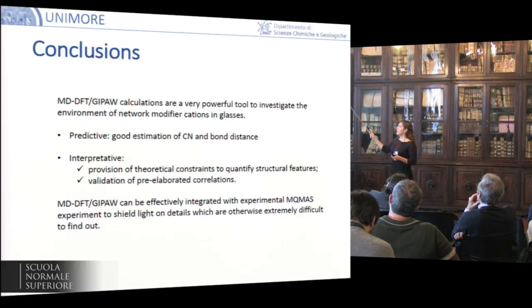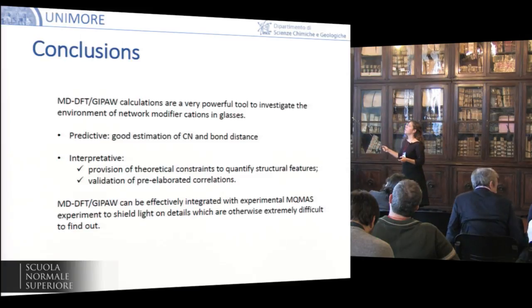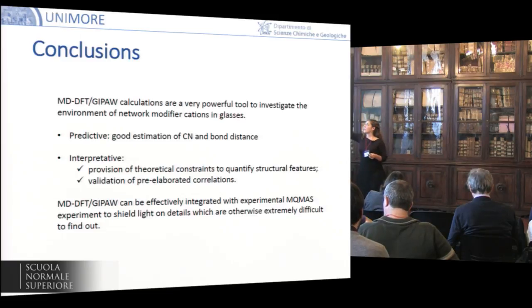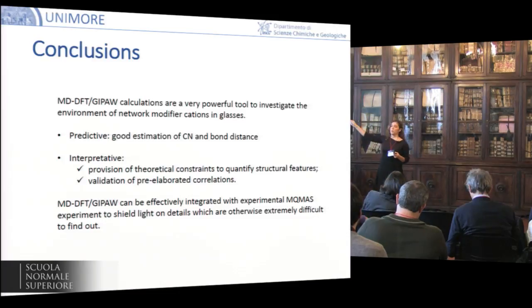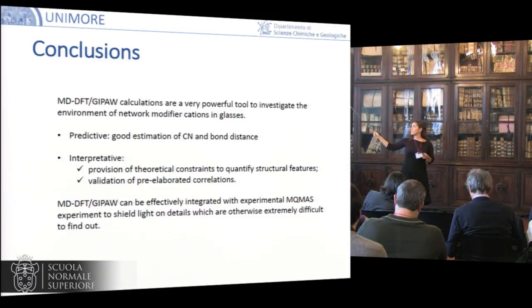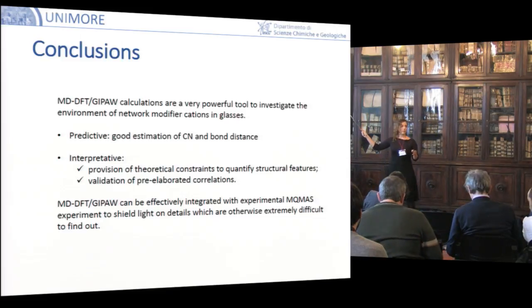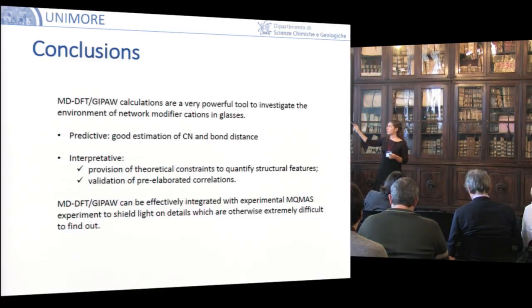And the conclusion is that DFT-GIPAW calculations are a very powerful tool to investigate the environment of network modifier cations in glasses. It has a predictive capacity, because we can estimate coordination numbers or bond distances from the models when there is no way to have this information from an experimental point of view alone.